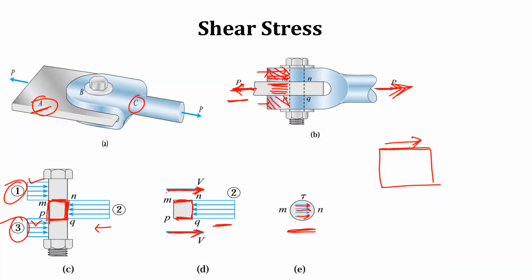Here, because of the load P, this shear force will act in the bolt parallel to this MN and PQ surface, and accordingly you will have shear stresses.